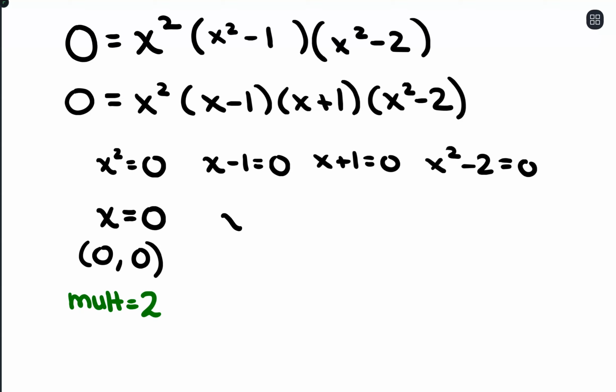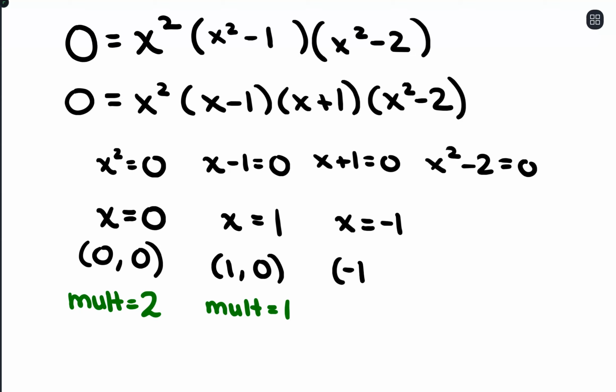Then we have x equals positive 1, so that gives us a coordinate 1, 0, and that has a multiplicity of 1, since there's just an exponent of 1 outside of those parentheses. X plus 1 equals 0 would give us x equals negative 1, so we're getting the coordinate negative 1, 0, and that would have a multiplicity of 1.